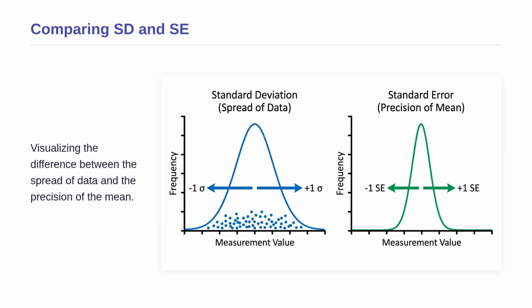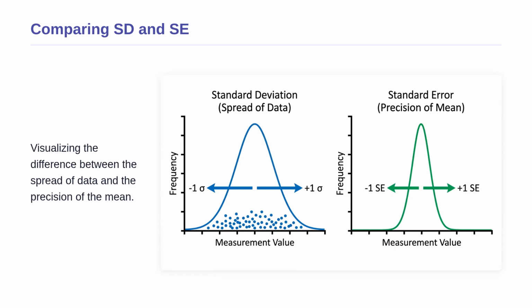To truly cement this idea, let us look at a visual comparison of standard deviation and standard error. On the left, you see a wide blue bell curve representing the standard deviation. Notice the individual data points scattered widely across the horizontal axis. This shows the biological reality and natural variation of the sample. Now look at the right side.